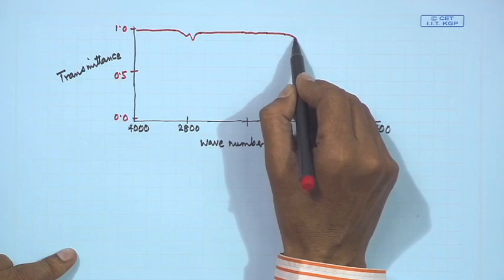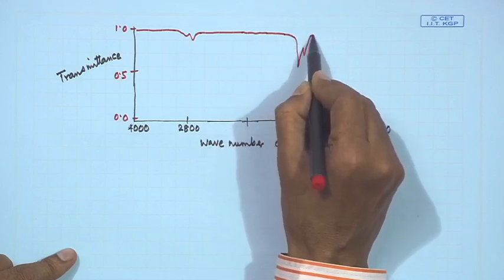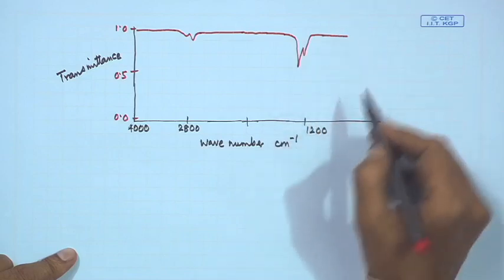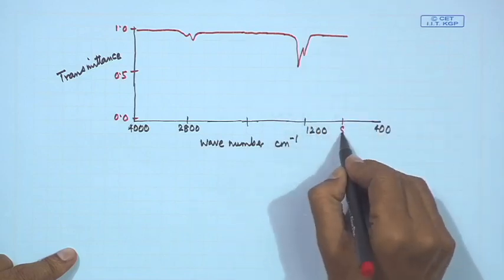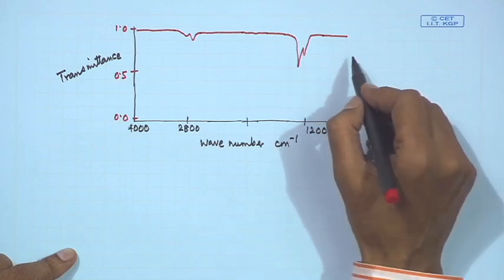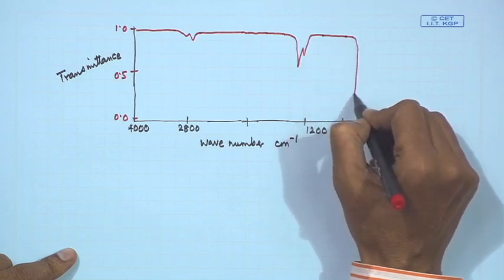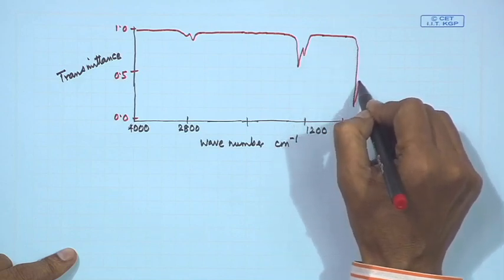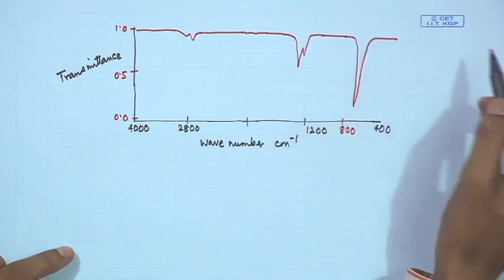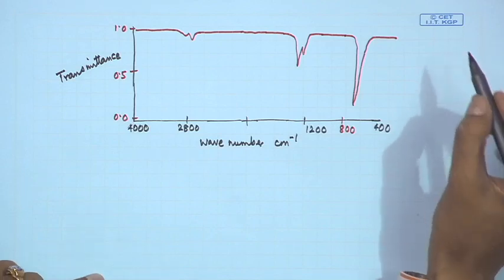At this point we will have a peak like this, and then beyond 800, we will have this very sharp dip over here. So, it is a very simple one also. We get the corresponding spectrum.